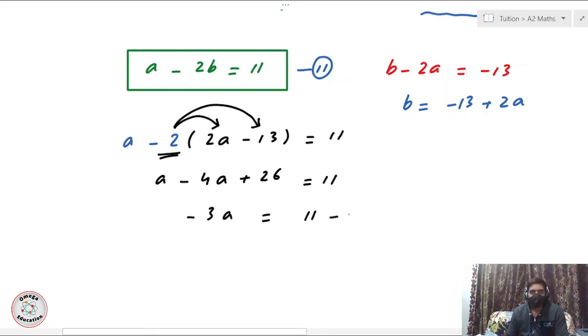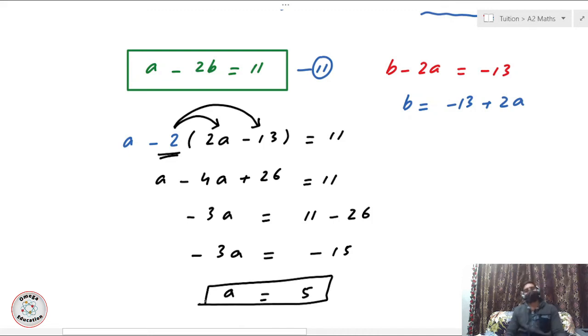If you shift it on the other side, it would be negative 26. Then you're left with 3a equals minus 15. Then divide by minus 3 on both sides. The value of a you get is 5.